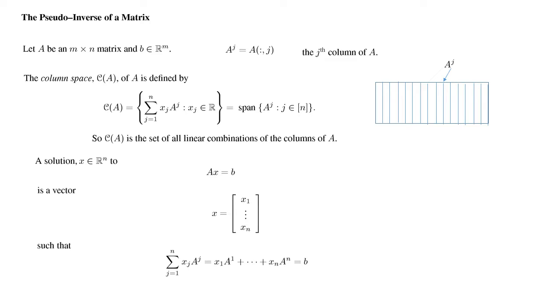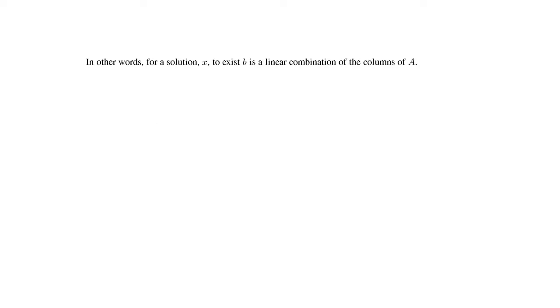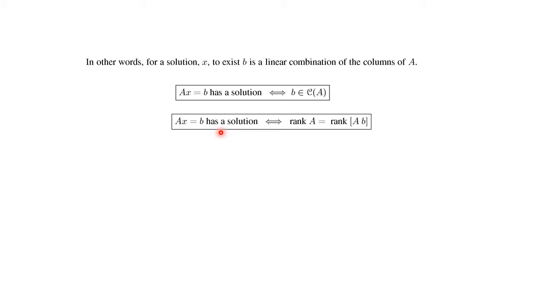In other words, B is in the column space of A. So that's what it means to get an actual solution. If AX equal to B has a solution, then X is that linear combination of the columns of A which gives you B. So B is in the column space. And that means the rank of A, which is the dimension of the column space, doesn't change if you augment A by the column B, because B is a linear combination of the columns of A.